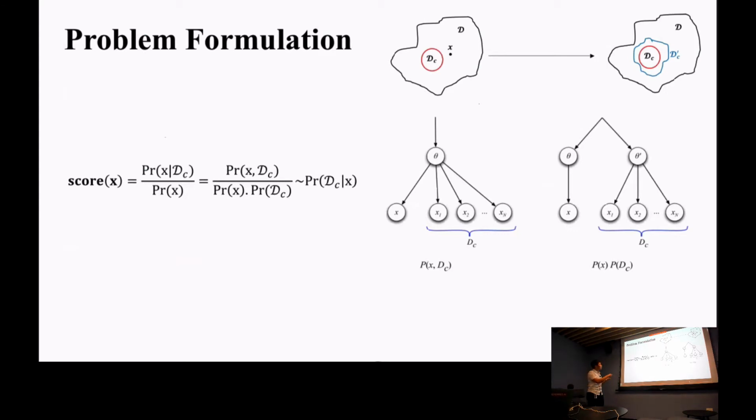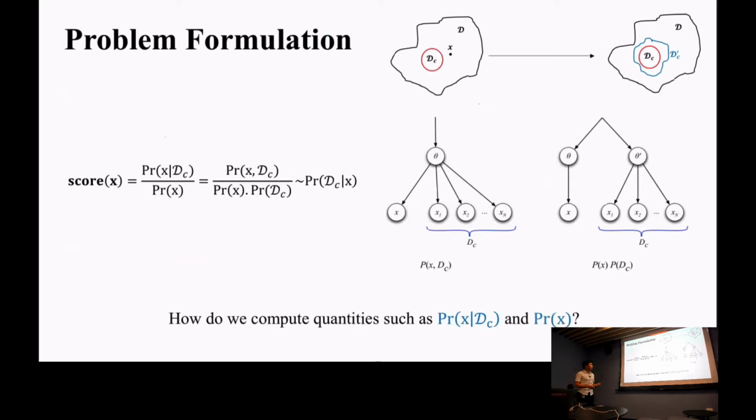So this ratio is basically the difference between the hypothesis that they belong to the same concept or to two independent concepts. So the question now is how do we compute these quantities, the posterior probability and the prior probability of the item?